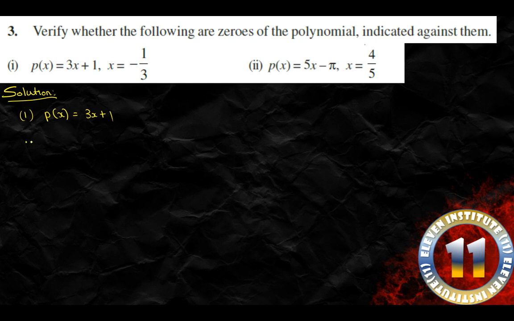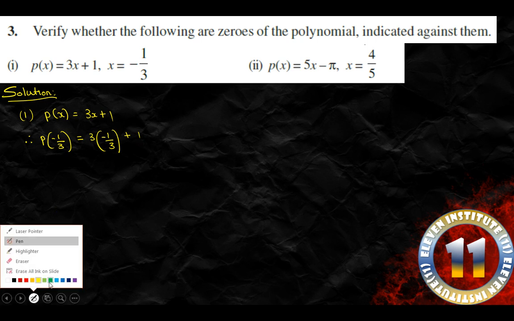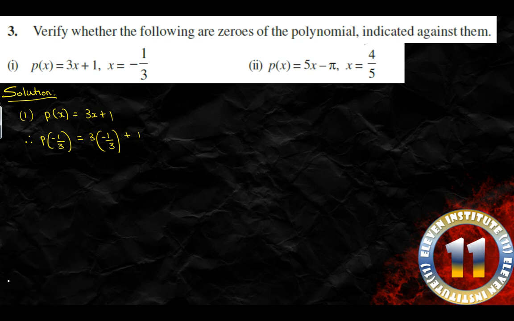So we will write therefore p of minus 1 upon 3 is equal to 3 into brackets again minus 1 upon 3 instead of x, and we will write plus 1 as it is. Now this 3 and this 3 will cancel each other.